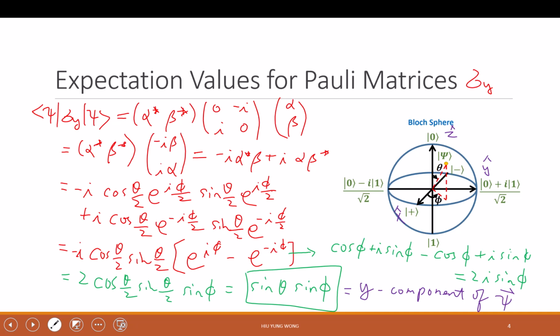But at least you see this is pretty interesting. The expectation value of measuring the spin in the z direction of this electron turns out to be the z component of the corresponding 3D vector on the Bloch sphere.